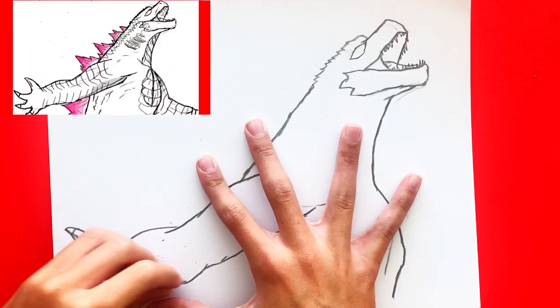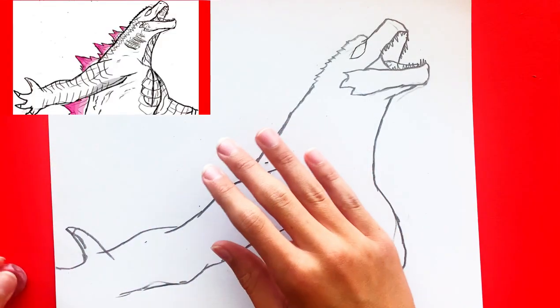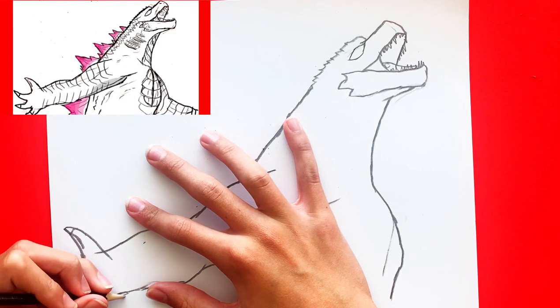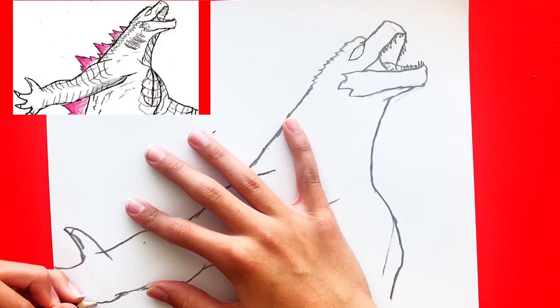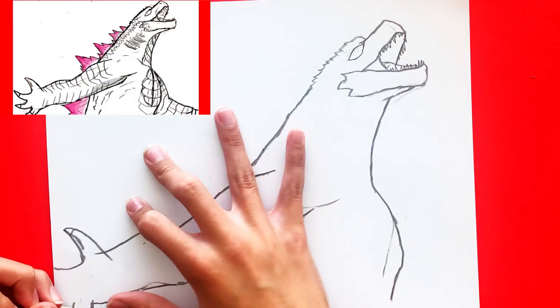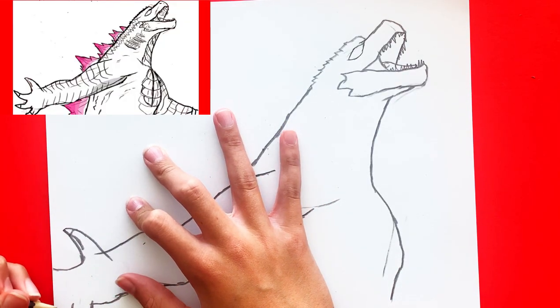I recommend pencil and eraser for this tutorial. So I'm going to bring that like that, and bring his last finger right there.